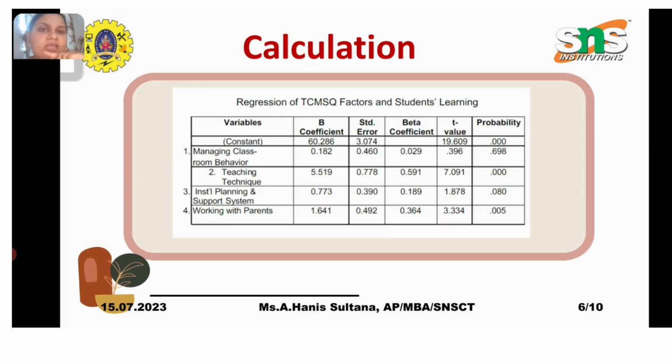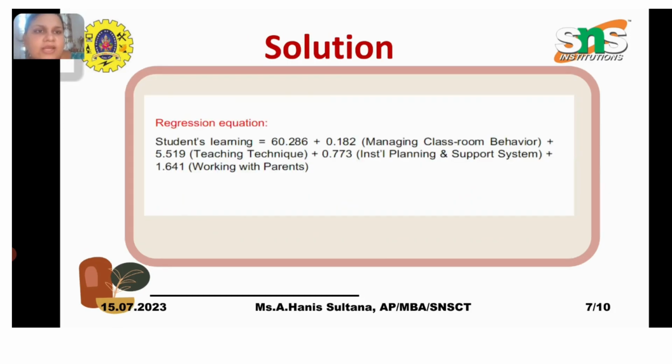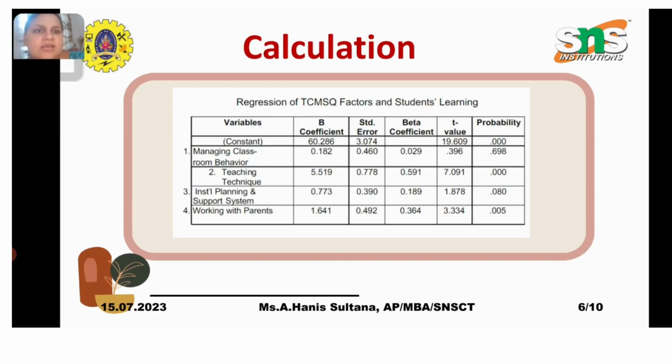Now, how can we write the results? We know the regression equation formula is Y equals a plus bx plus e. Here, a is a constant, 60.286. Plus we add classroom behavior, which is 0.18, impacting the chemistry classroom.